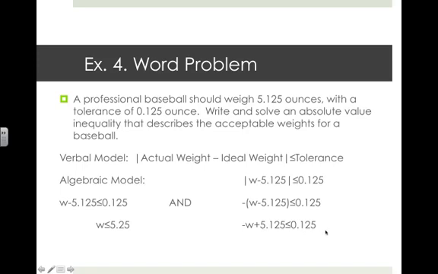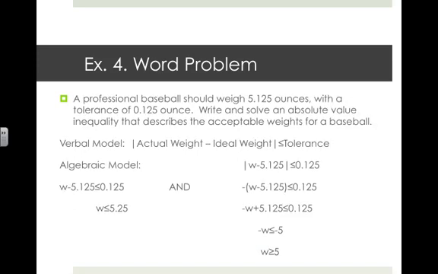Now we can subtract 5.125 and get that negative W is less than or equal to negative 5. Divide both sides by negative 1, and what do we have to remember to do? That's right, reverse the inequality sign. So we get W greater than or equal to 5. So the weight has to be bigger than or equal to 5, and less than or equal to 5.25.